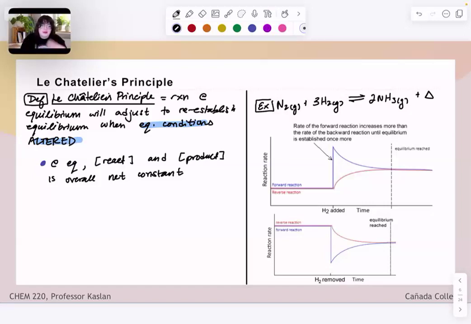So at equilibrium, it's okay to say that our reactant and product concentrations are constant. So a disruption I could make to this state of equilibrium is a change in the amount of reactant or product. That is one way that I can throw a system that was once in equilibrium out of equilibrium.